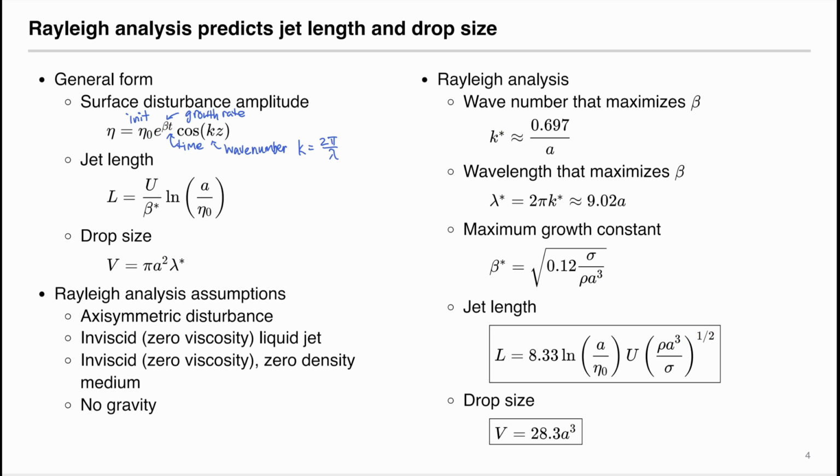And z is the coordinate that is the axis of axisymmetry.